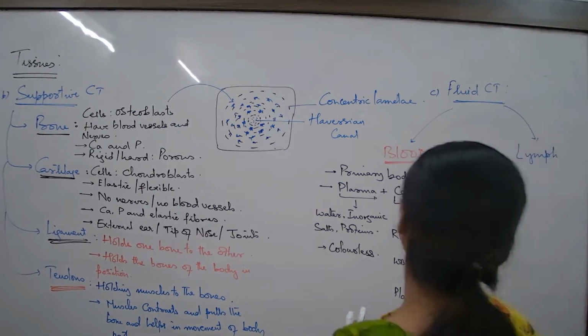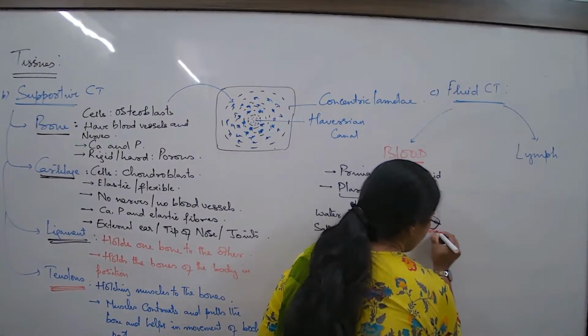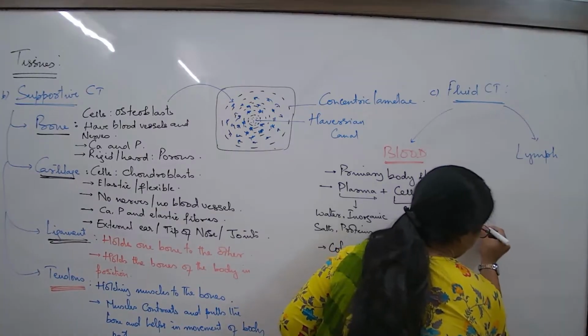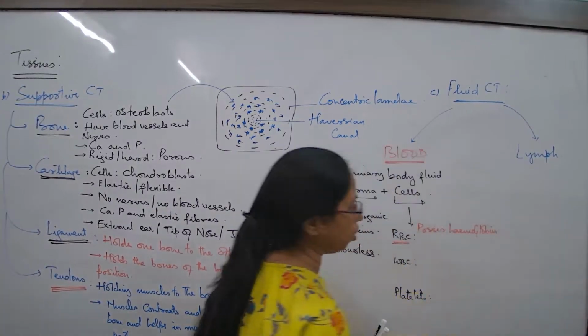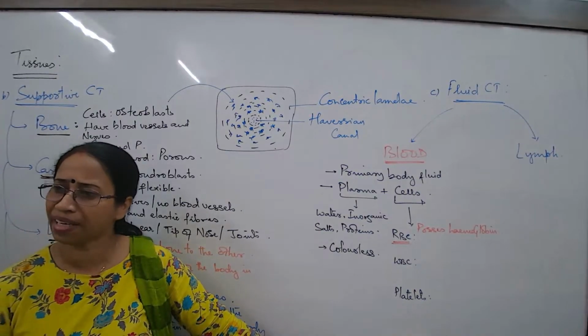Now, talking about the RBCs, one special feature: RBCs possess a pigment known as hemoglobin, and that is the reason the blood is red. Why is the blood red in color?